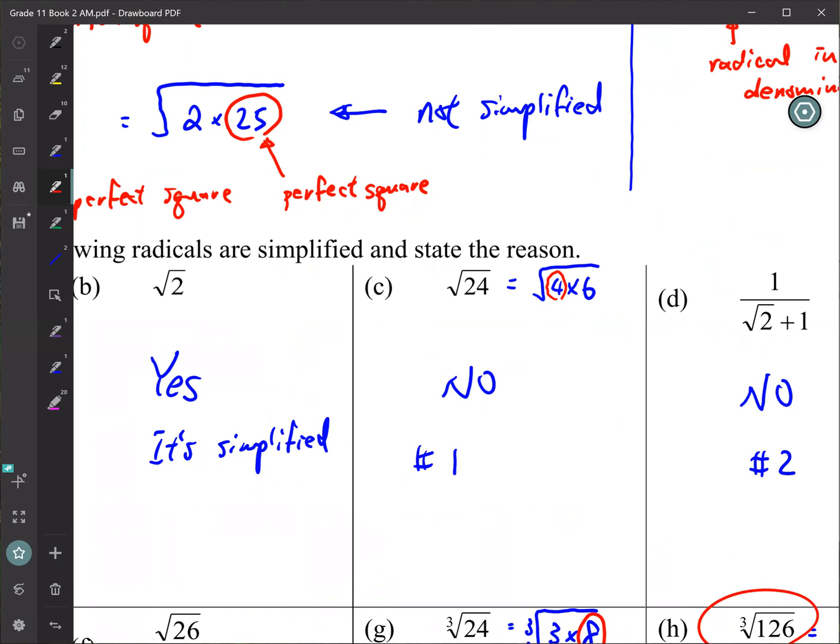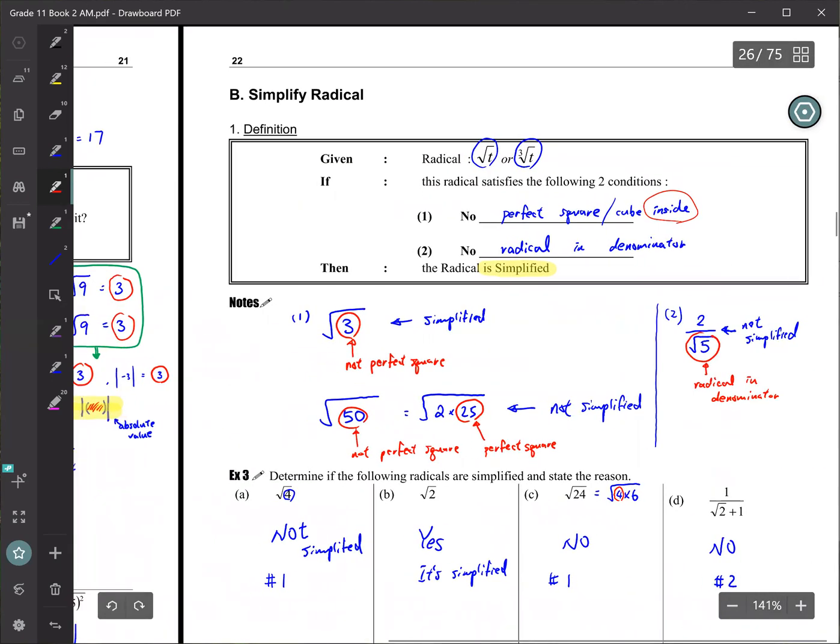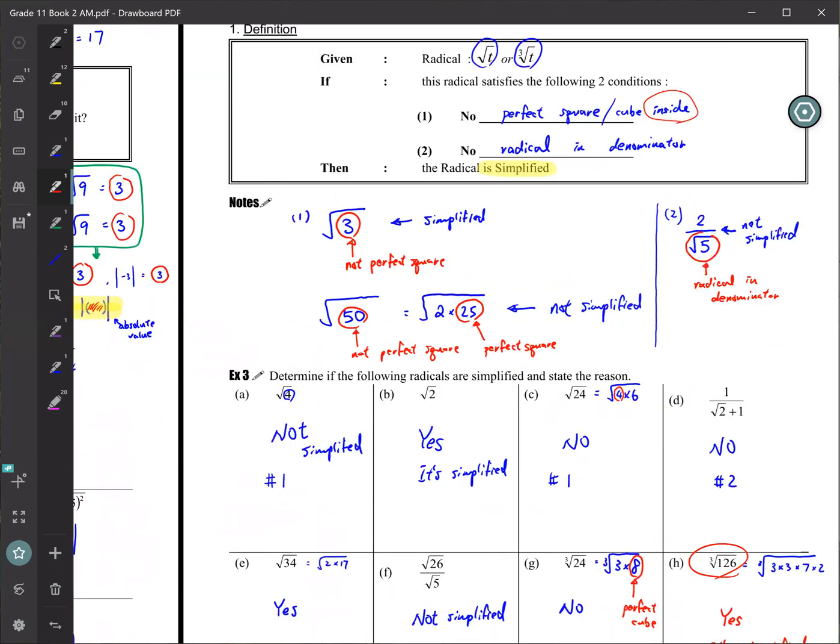So this is what we did last time, how to identify which one is simplified and which one is not. Yes means it's simplified. If you look at example B, it's simplified, which means you don't need to do anything. And then question E, 34.